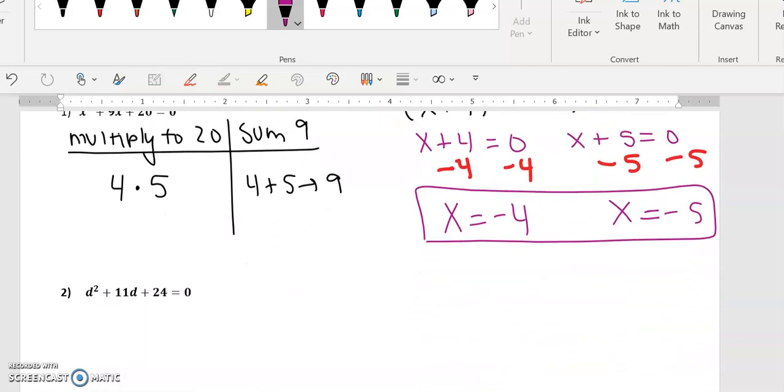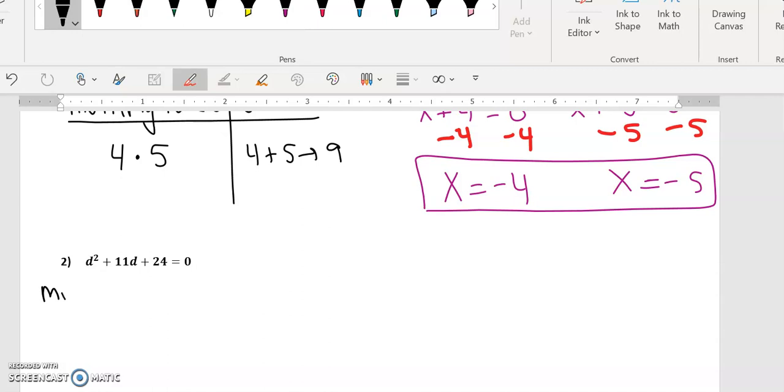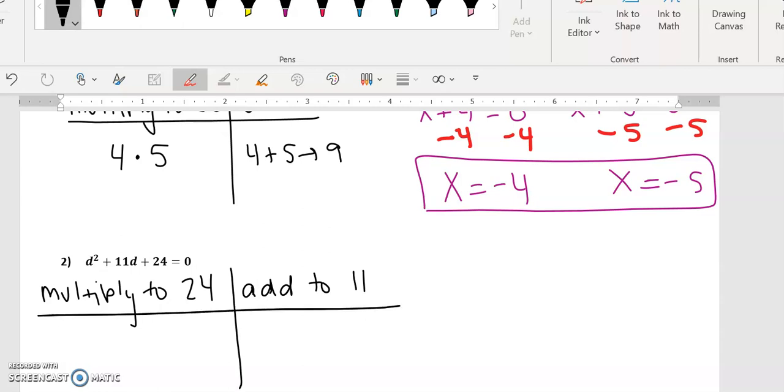Let's try another one. Number 2, notice that it doesn't say x, it says d. It doesn't matter, it's still a quadratic, we're going to do the same thing. We need to find numbers that will multiply to 24 and add to 11. 8 times 3 is 24, and 8 plus 3 is 11, so those are our numbers.